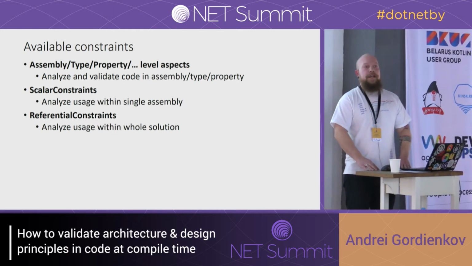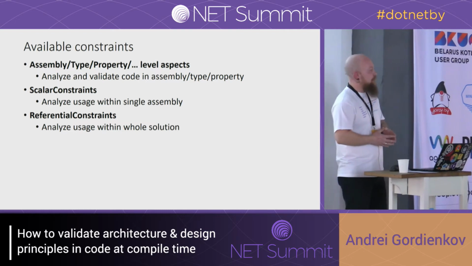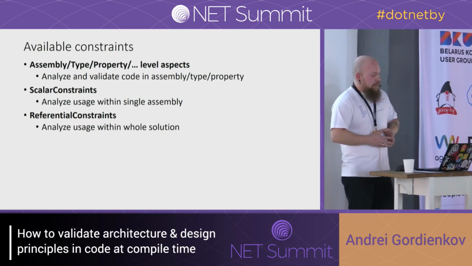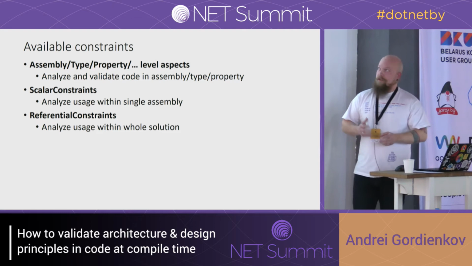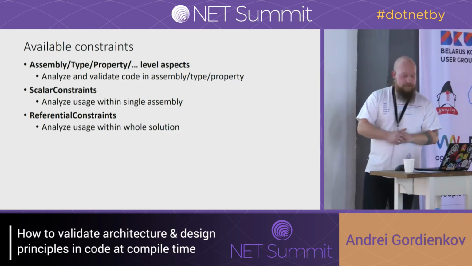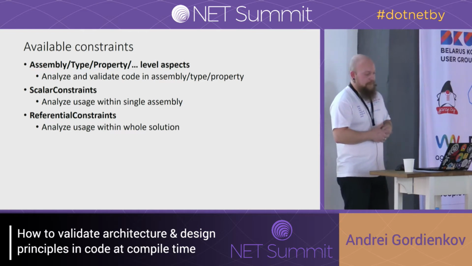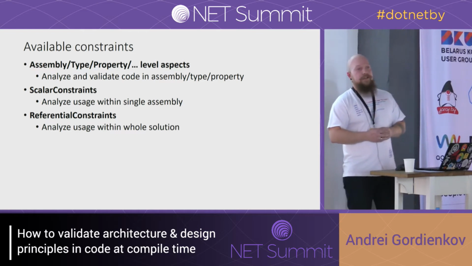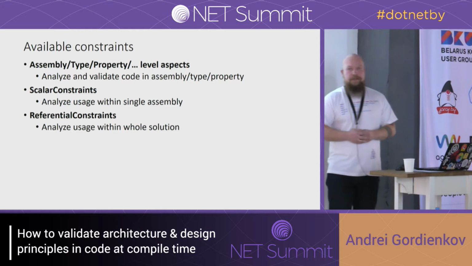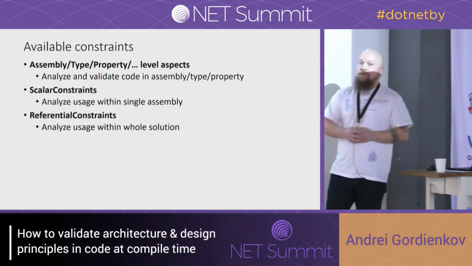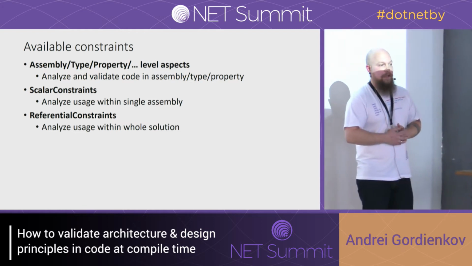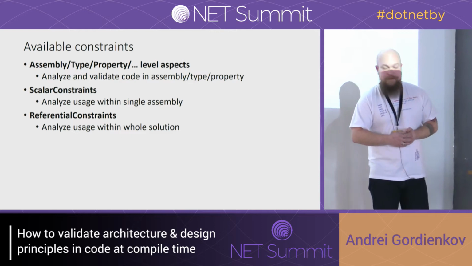Also, PostSharp provides additional functionality to write this architecture validation. So you could check this basic one as a first bullet, to analyze and validate code in assembly, type, property, advanced caller constraints, and reference constraints, so it could analyze the full solution or just one library, how your code is used.